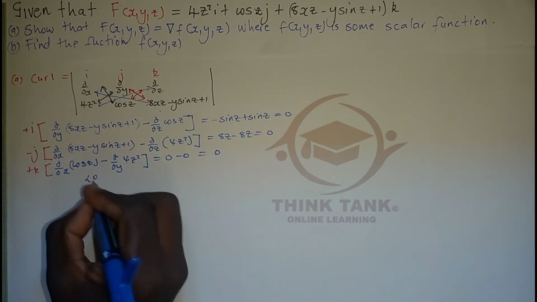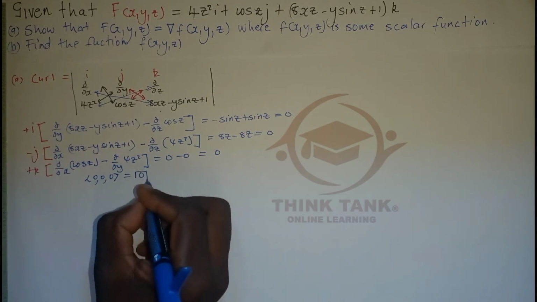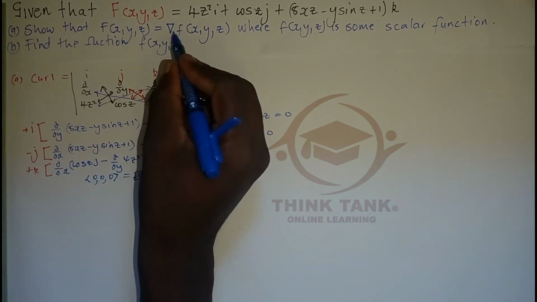So our k component is 0, and the curl is 0. So the field is conservative, and it will satisfy this equation.